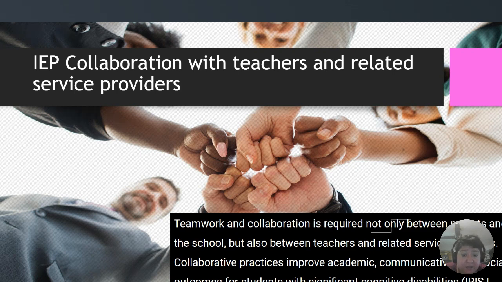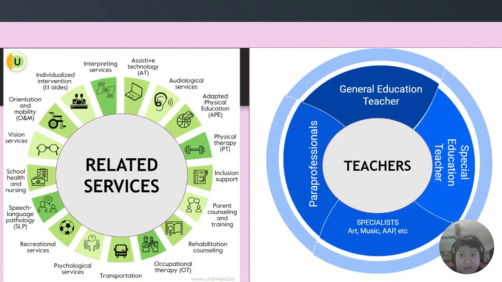Everything is teamwork. Collaboration is teamwork, and it's required not only between parents and the school, but between all the involved stakeholders. Collaborative practices improve academic, communicative, and social outcomes for students with significant cognitive disabilities. Here is the list of the teachers and related services.